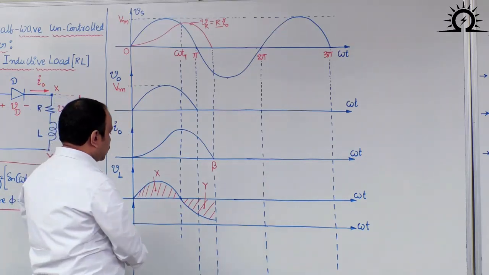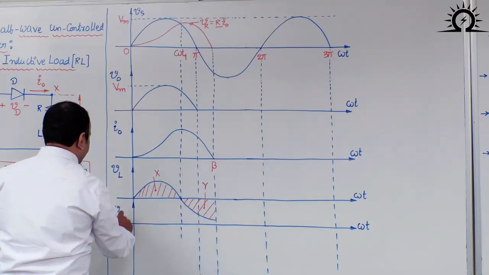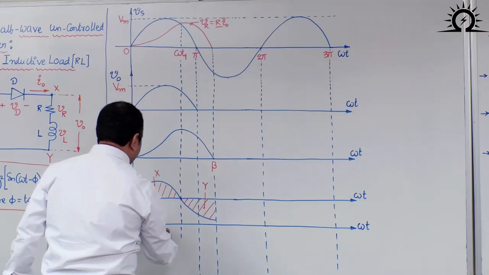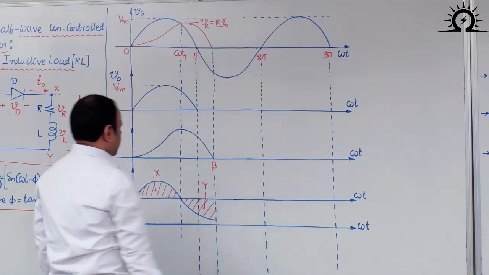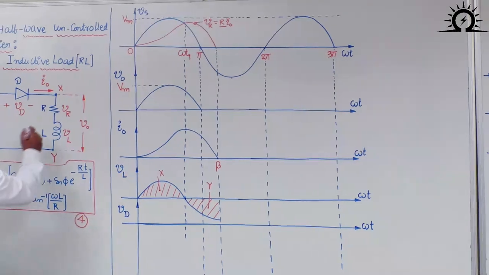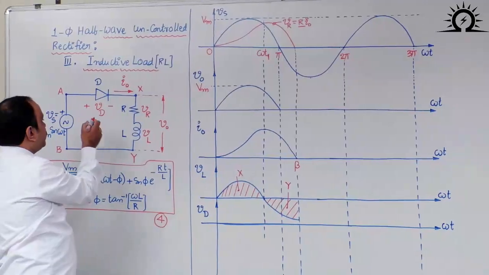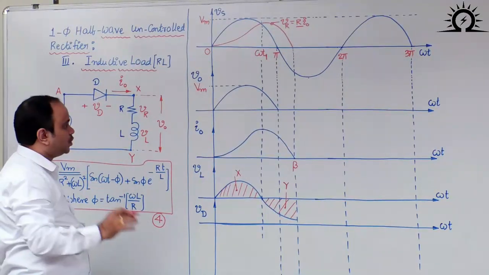So up to this instant beta, the diode will be in conduction, because in the circuit diagram there is a path for diode current. That means there is a path for load current only through the diode, so the diode has to carry that load current.